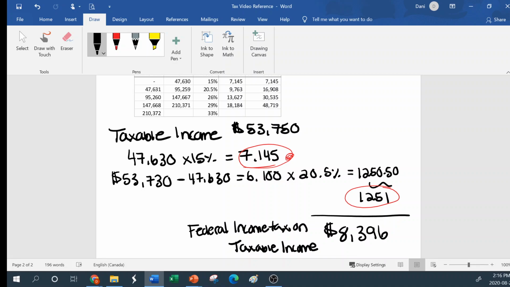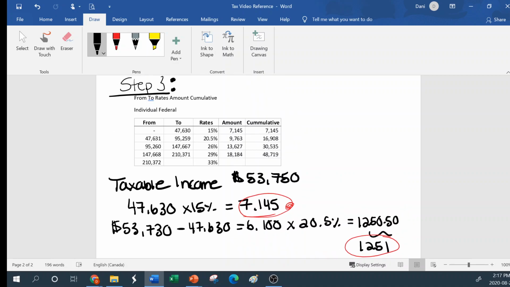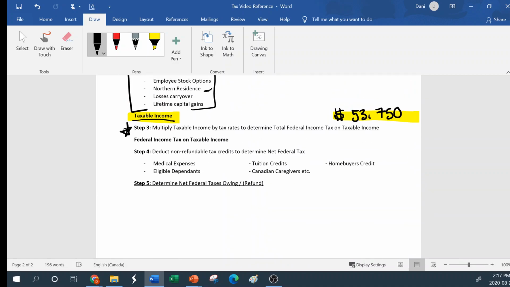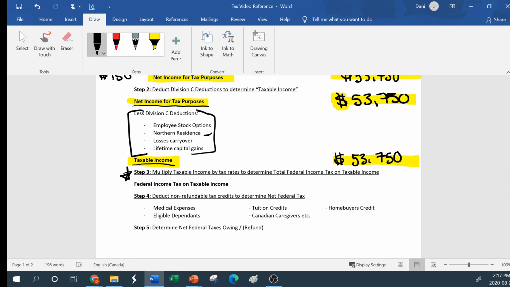And that is how much I owe in tax for the year. So this is step 3. So when I go up here, I'm just going to say, okay, federal income tax on taxable income is going to be our $8,396 that we calculated.